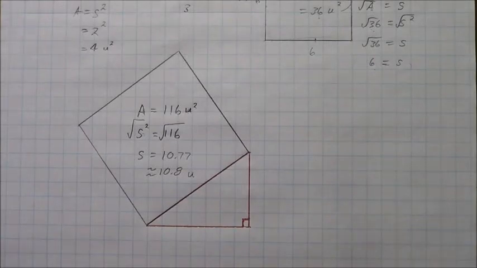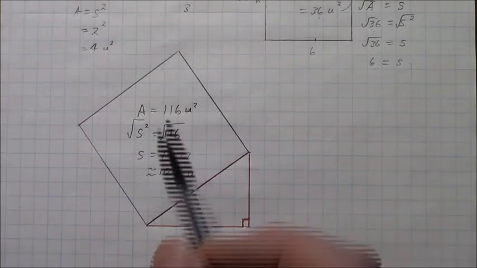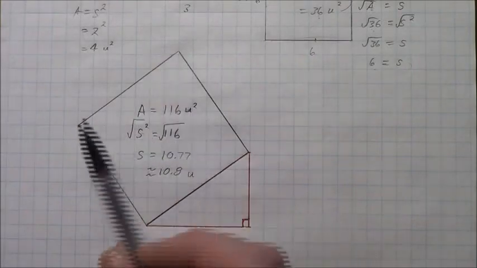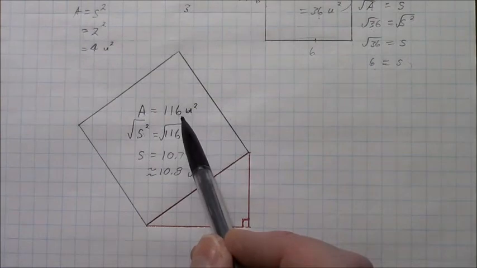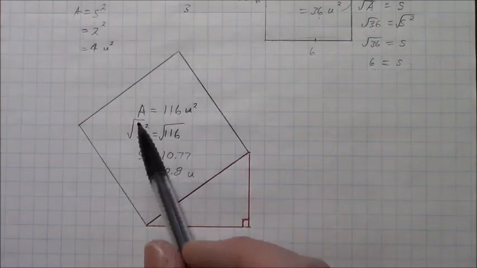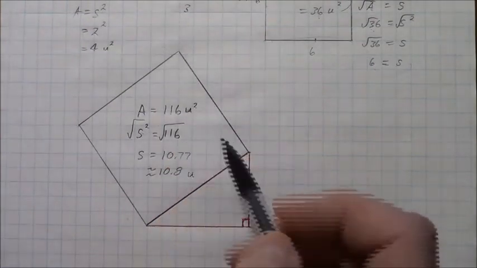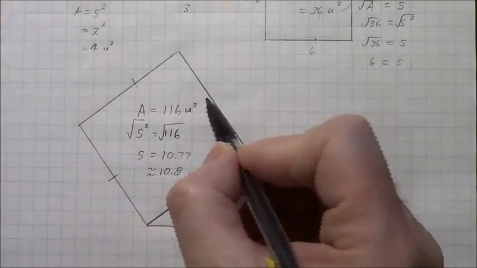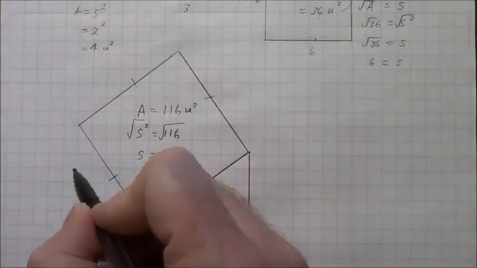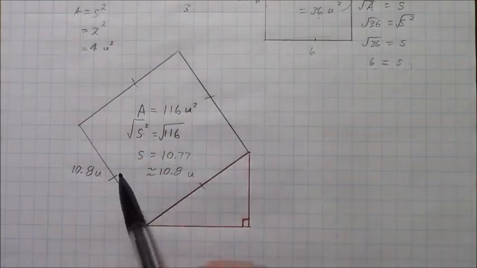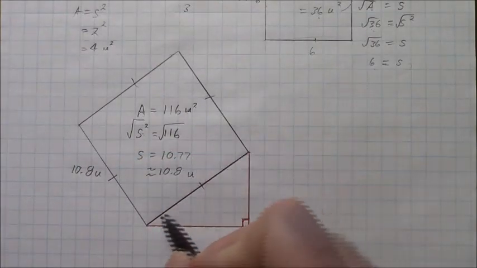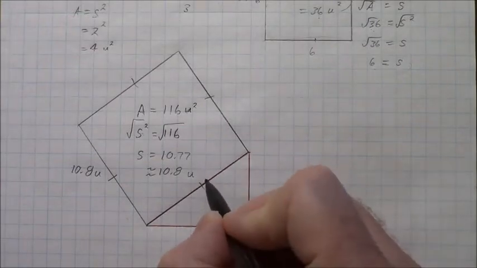Then what we need to do is say, okay, if the area of that square is 116 square units, and we just found the side length of that square, and the side length is approximately 10.8 units, then this side length is going to be 10.8 units.